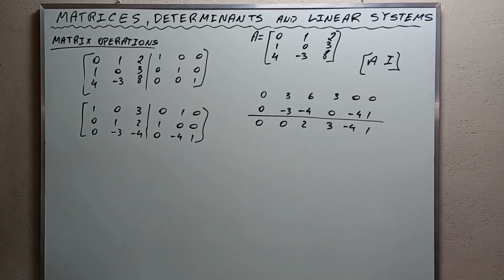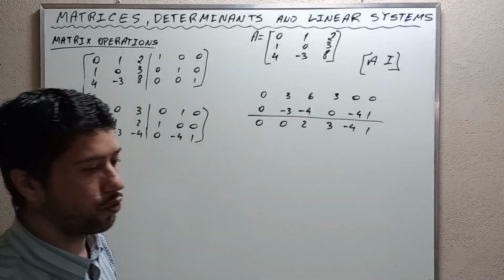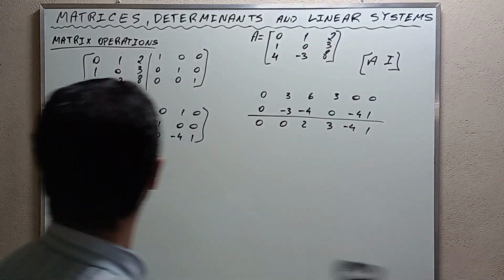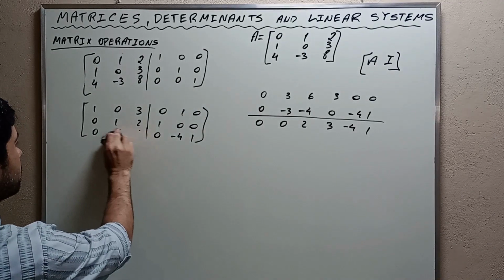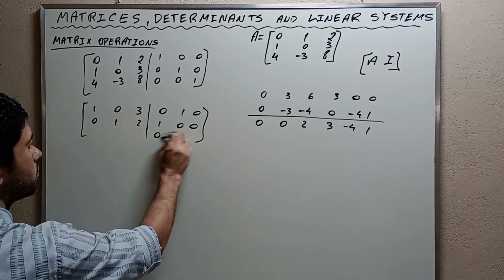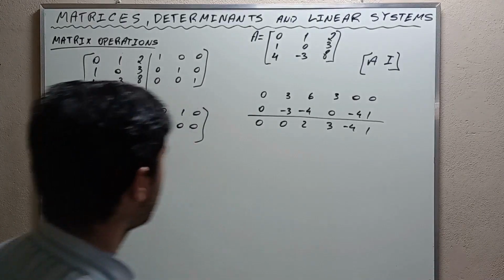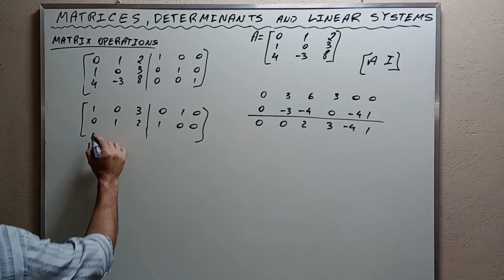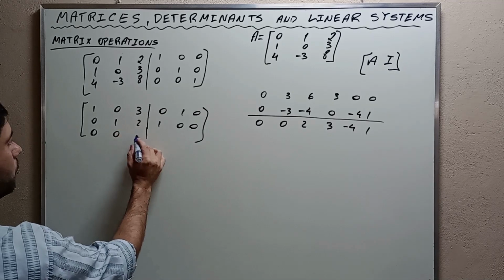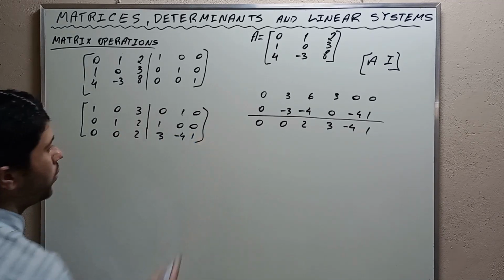And in the place of the old row 3, we put the new row 3. 0, 0, 2, 3, -4, and 1.